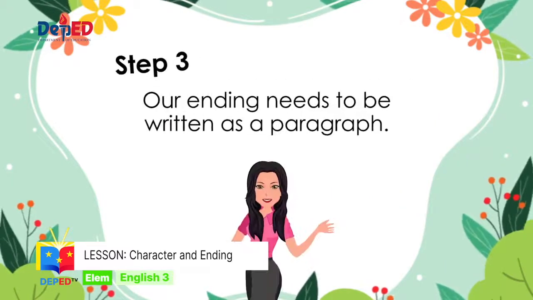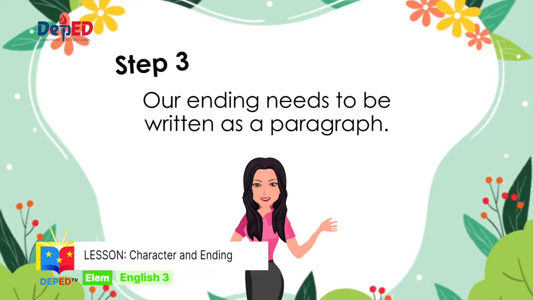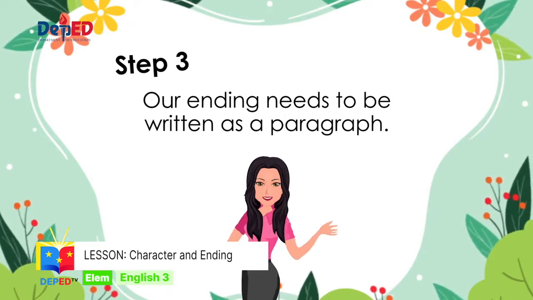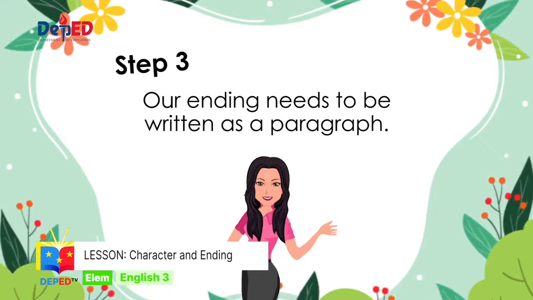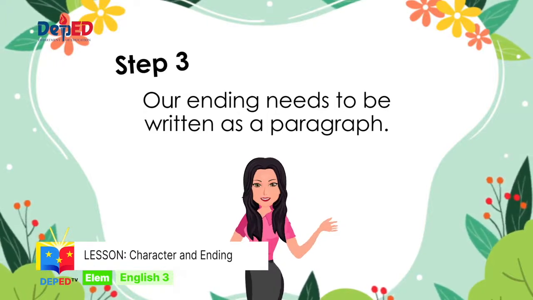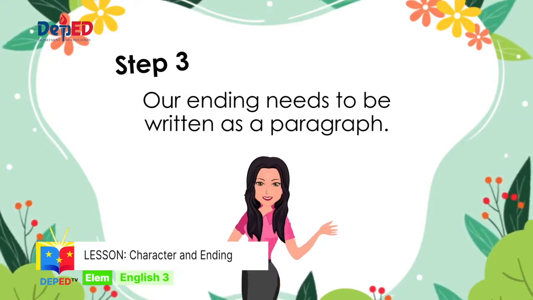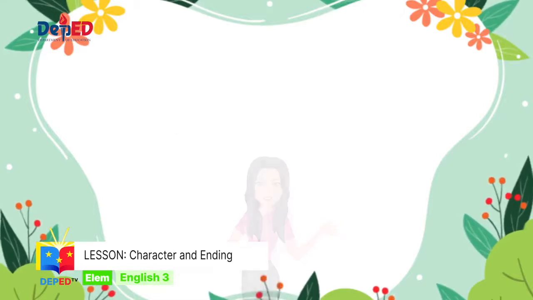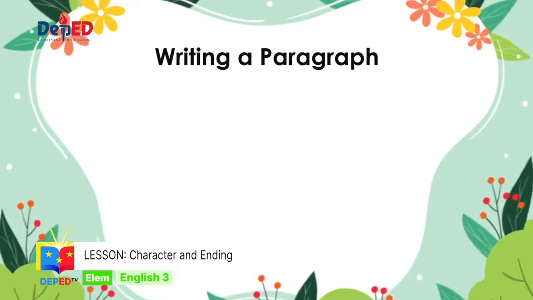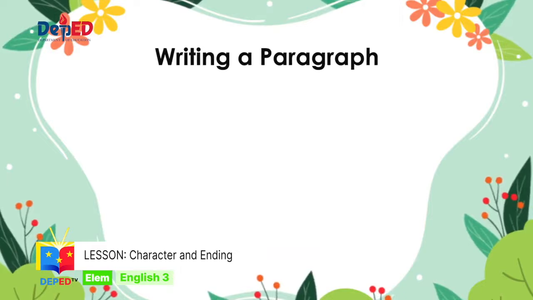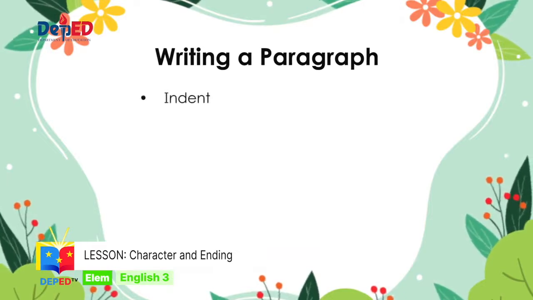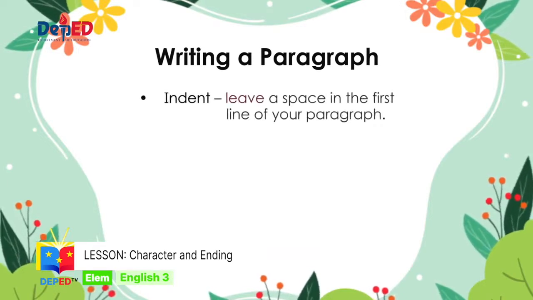In step number 3, we see that our ending needs to be written as a paragraph. Let's now find out what we need to know to write a good paragraph. In writing a paragraph, it is important to take note of the following. Indent.